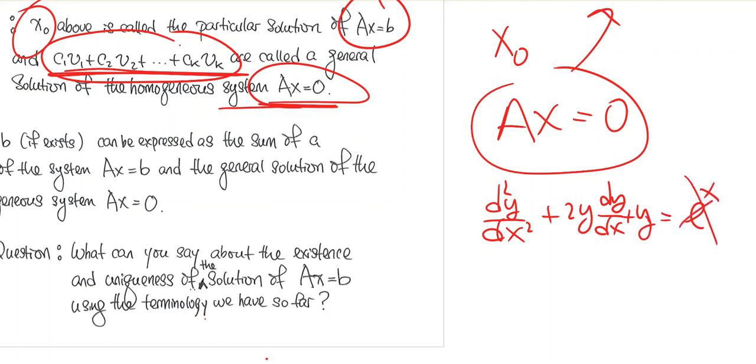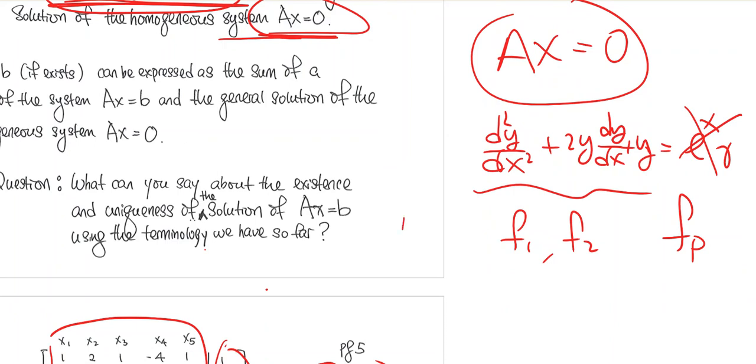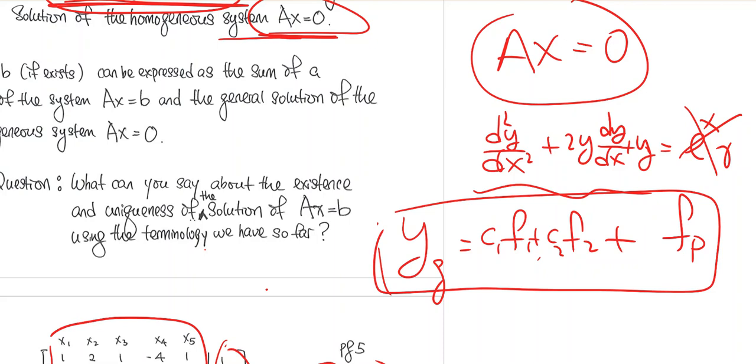First, you don't solve the e^x, you set it equal to 0 and find the so-called homogeneous answers. Let's say you found them, call them f1, f2, and then you try to find a particular solution, which is called fp. Then the general solution is c1 f1 plus c2 f2, plus the particular solution. You have come across this terminology before.